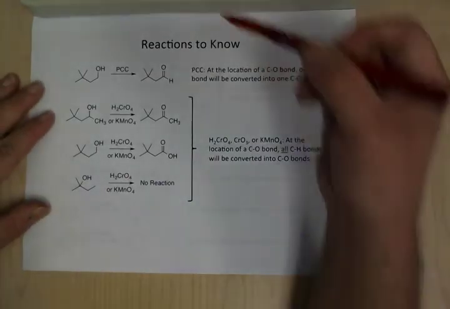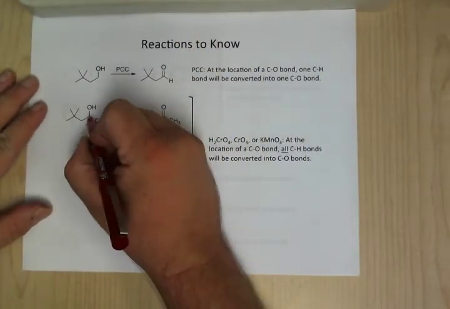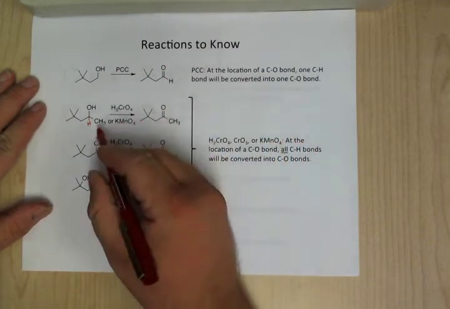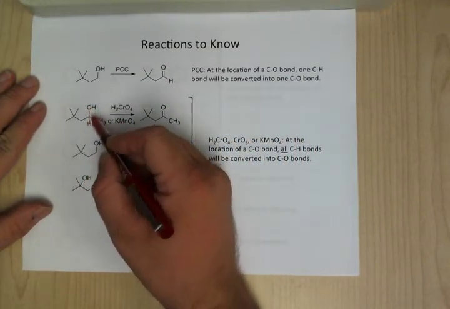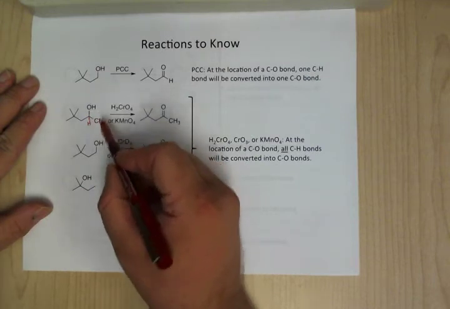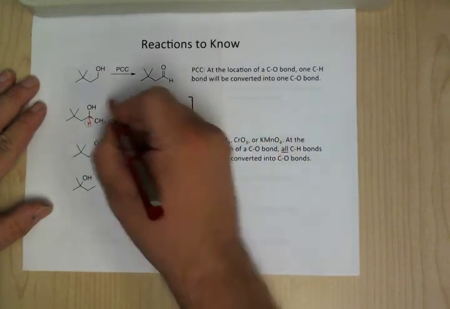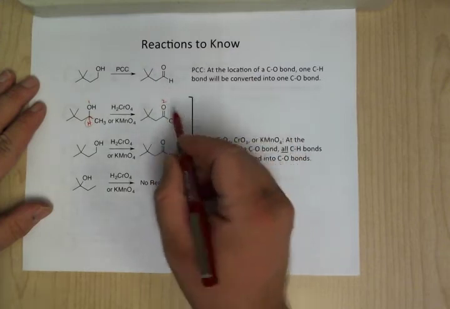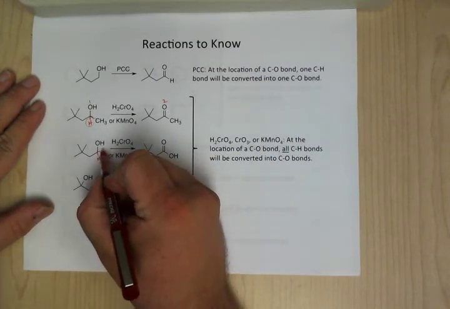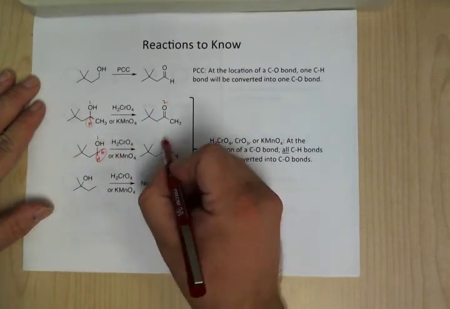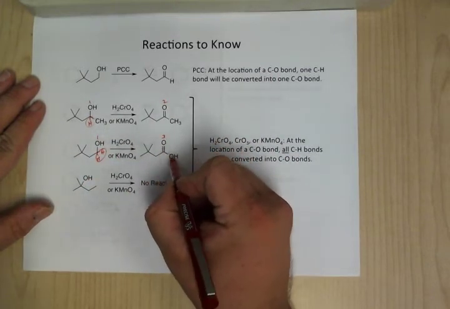Now with oxidations, you're converting CH bonds into new CO bonds. So we can convert this CH bond, where the carbon has one CO bond, to 2 CO bonds. Same thing here. These guys here go from 1 CO bond to 3: 1, 2, 3.